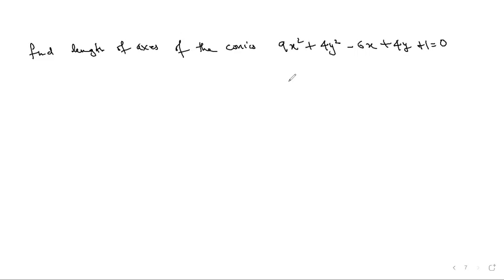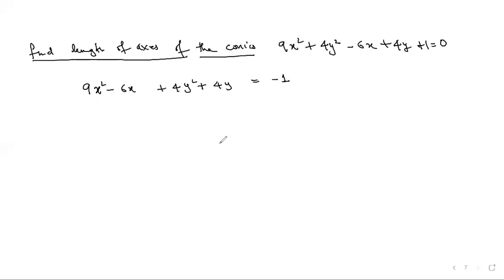So this is not a standard ellipse. If it is a non-standard ellipse, how to proceed? The same method as you did for parabola. All the x terms you take together, all the y terms you take together, and the constant on the right hand side. Agreed?